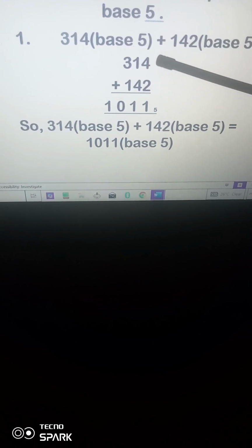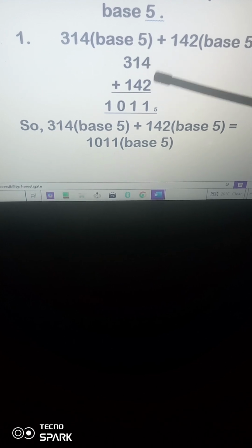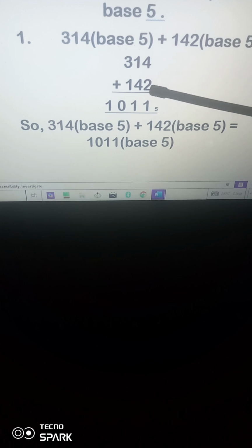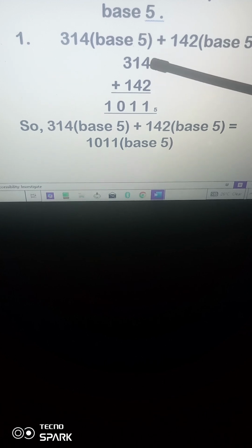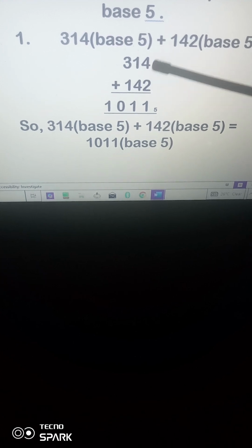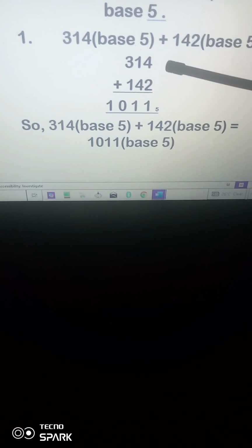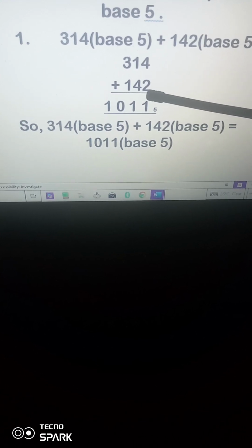Now you look at the last digits, the unit digits. You have 4 plus 2. In base 10, 4 plus 2 is 6. But in base 5, it is what? 1. How?